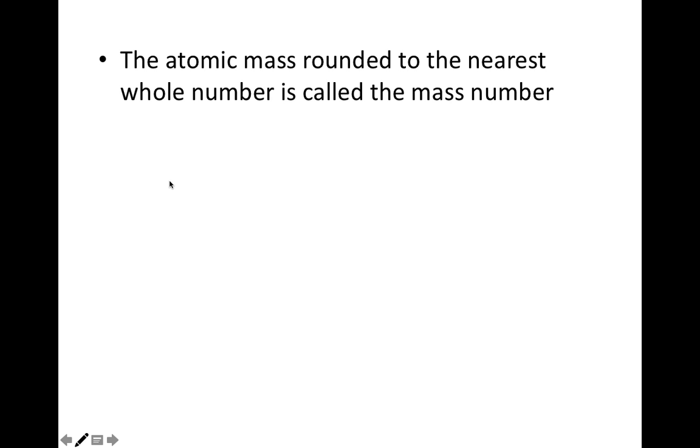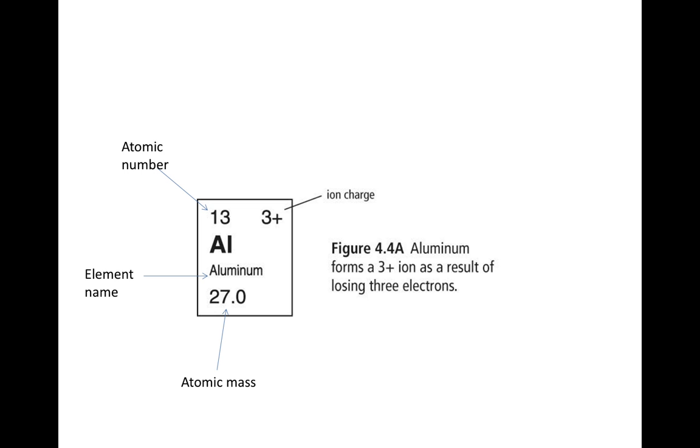The atomic mass rounded to the nearest whole number is called the mass number. In this case, the atomic mass for aluminum is 27. It's already rounded, so the mass number equals the atomic mass.